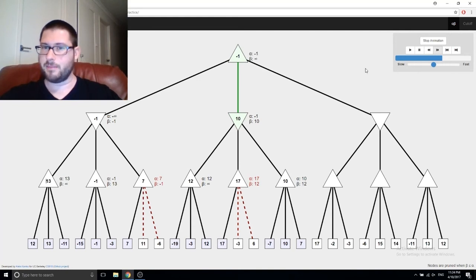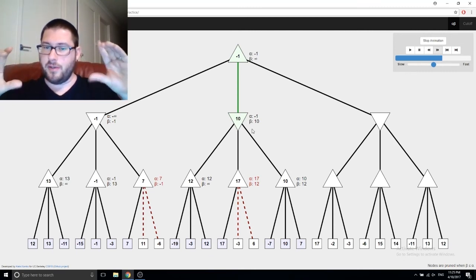Now what does this mean? This means that it's discovered a path. Previously the best possible result from this node was a -1. But now we've discovered a path that our opponent isn't going to prevent us from taking because there's been no overlap. Like there was an overlap here. 17 would be better than 10, but there's no way that our opponent would let us take this path.